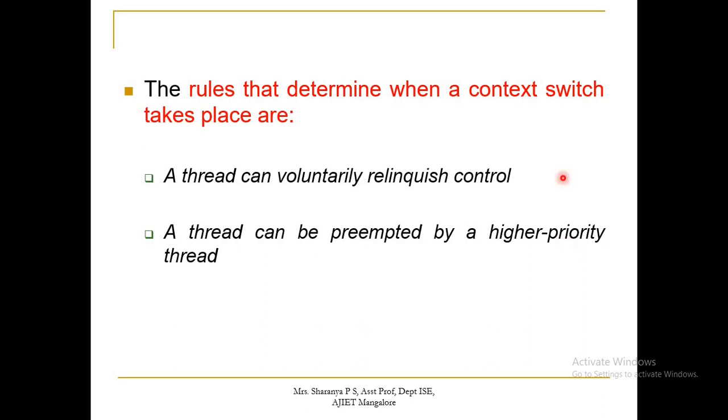That is what we call preempting. If there is any currently running thread and another thread with higher priority comes, then the currently executing thread will be preempted, that is, stopped, and the thread with higher priority goes for execution. That is what we refer to as preemption.